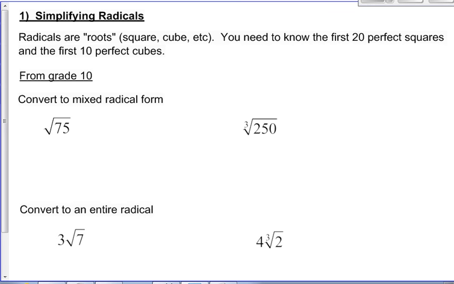From grade 10, we could have been asked to convert to a mixed radical form for root 75. And the way that we do it is we factor 75 into two parts, into a rootable part and what I call leftovers. So you could split 75 apart as 15 and 5, but neither of those have a square root.